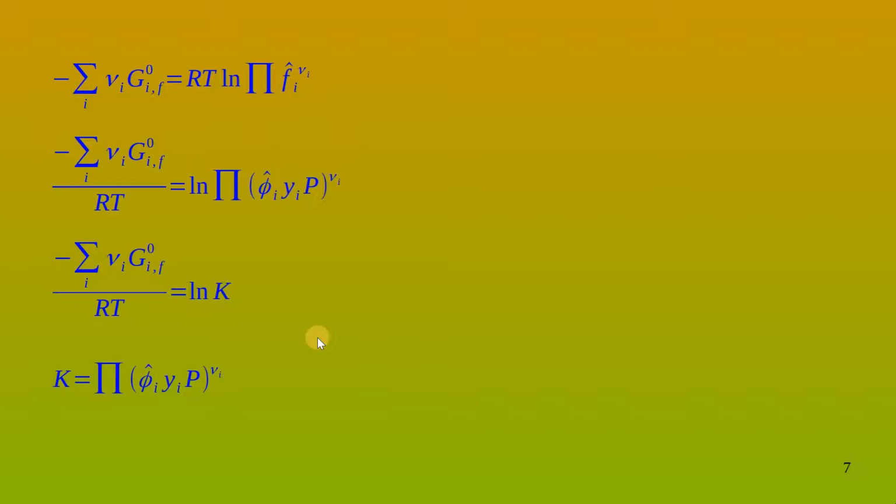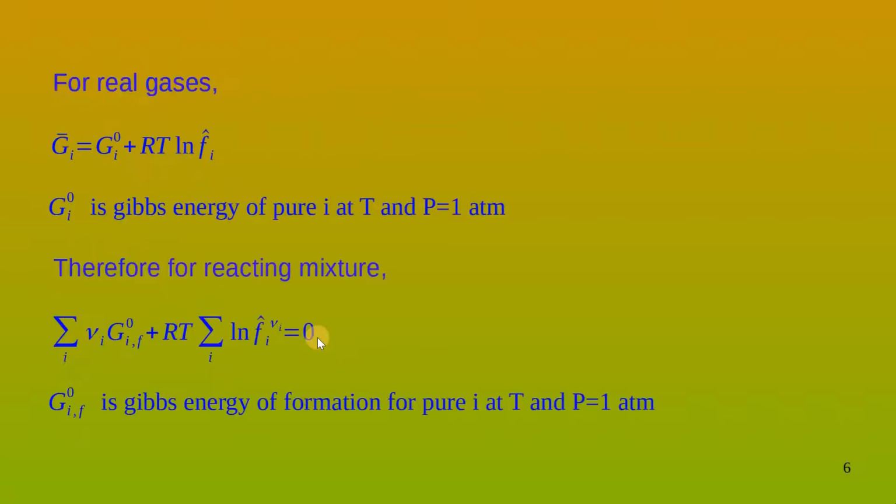Rearranging the equation, taking this on the RHS and leaving this on the LHS, we get minus summation nu i GiF0 is equal to RT ln of product Fi cap raised to nu i. Now what does this product mean?